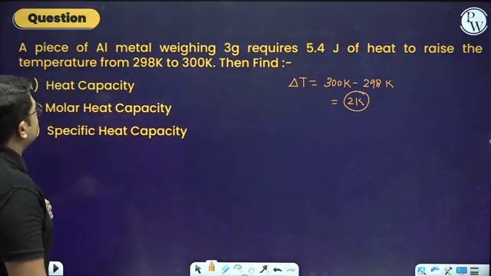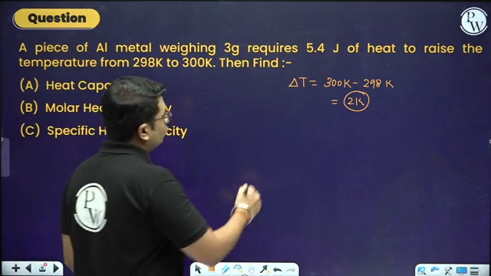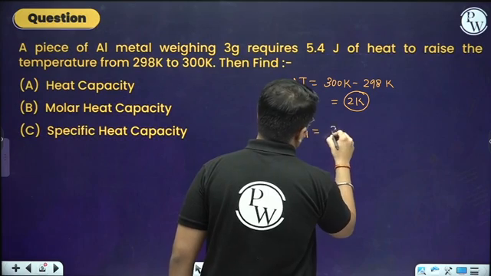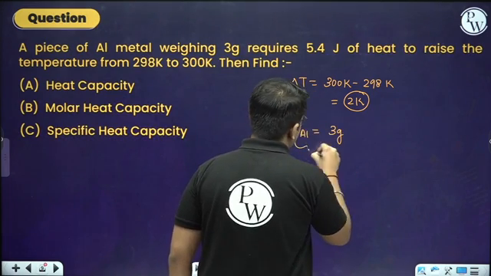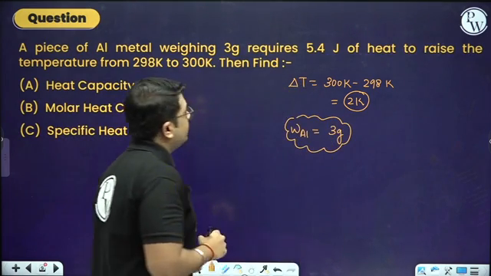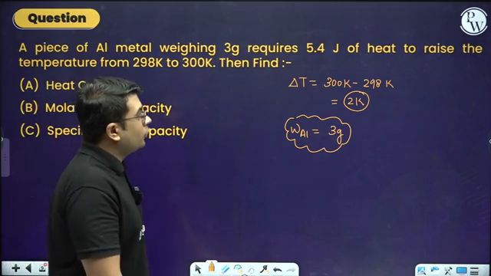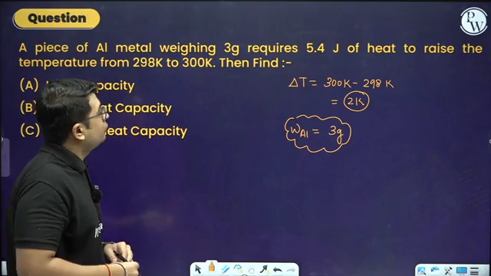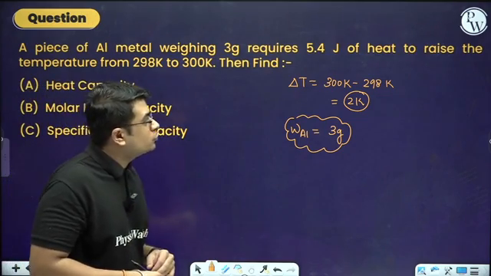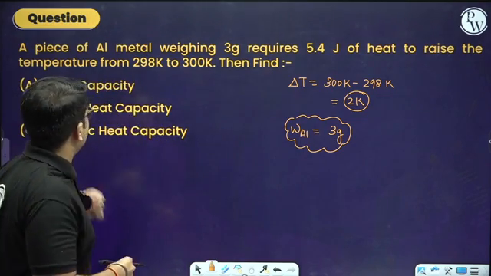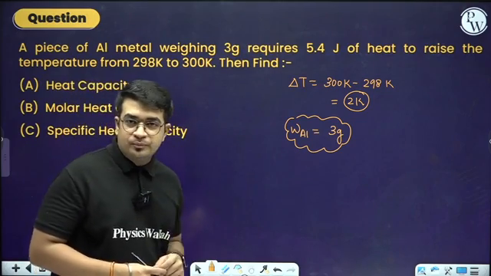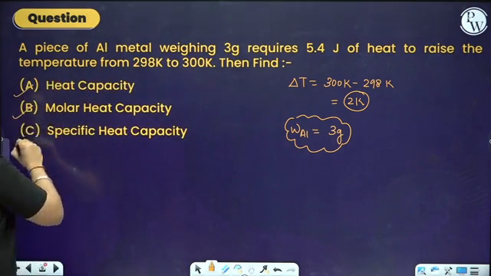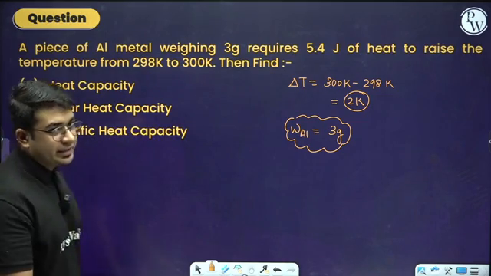Now the weight W of aluminium is already given, which is 3 gram, and 5.4 joule of heat is required. Then find out the heat capacity, then molar heat capacity, then specific heat capacity.